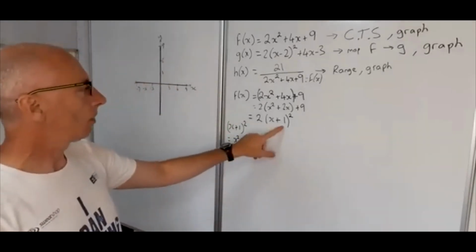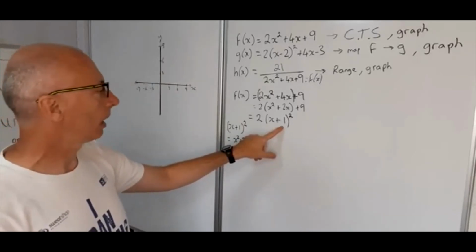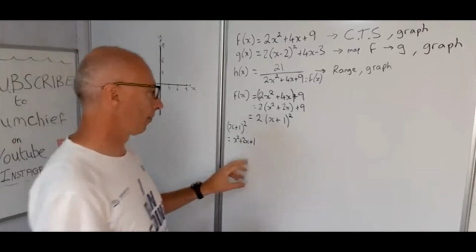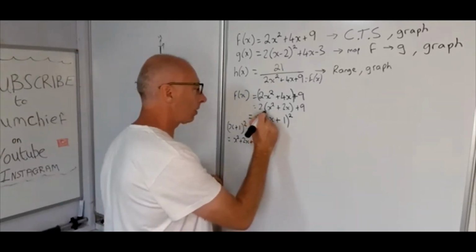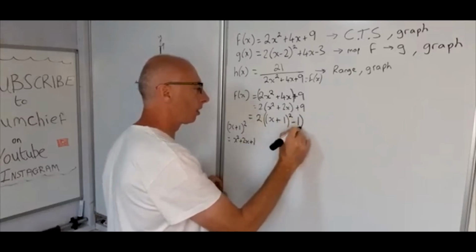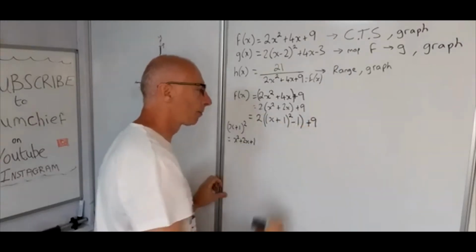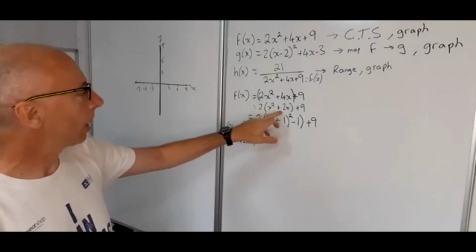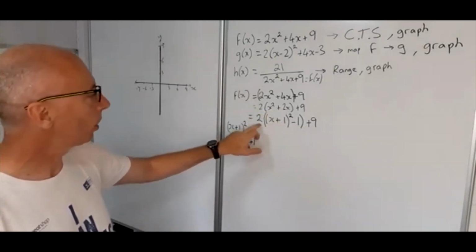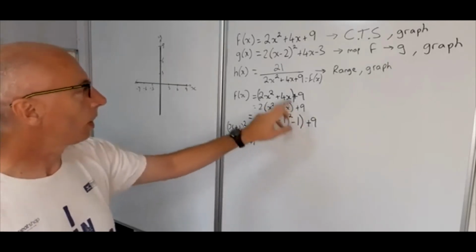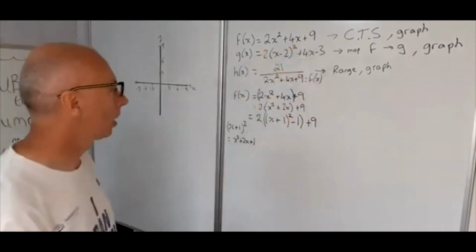So now we've changed the value of this function just a little bit. So now we need to subtract 1. So now leaving with the factor of 2, that's important, we now need to subtract 1 and then add 9. Now the 2, as we can see here, was with the x squared and the 2x, so it's important that the 2 is with the minus 1, otherwise we're going to lose our equivalent value.